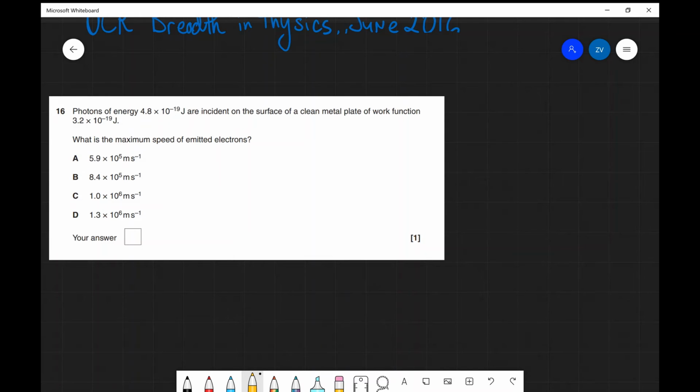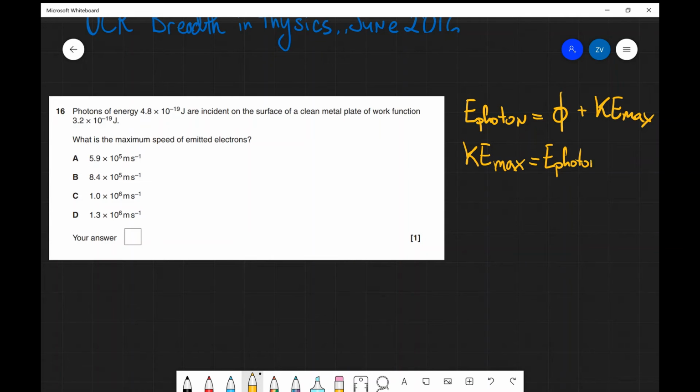So this is a question based on Einstein's equation. If we remember the Einstein's equation, the energy of a photon is equal to the work function plus the maximum kinetic energy. In order to find the speed, first of all we need to find the kinetic energy, so we can just rearrange for the K max, and K max is going to be equal to the energy of the photon minus the work function.